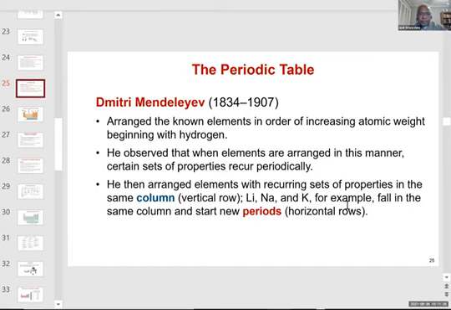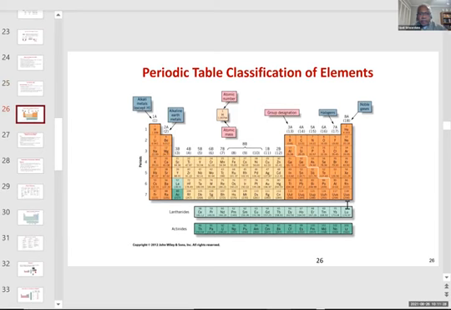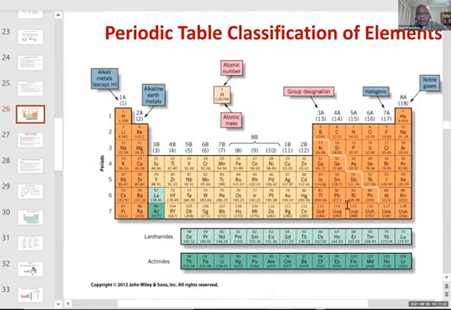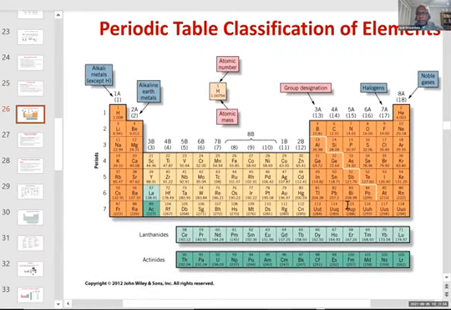If you look at this, that's Mendeleev's table, and this is the modern periodic table that came after Mendeleev. The main table is in the middle; the arrows describing it are not part of the table.